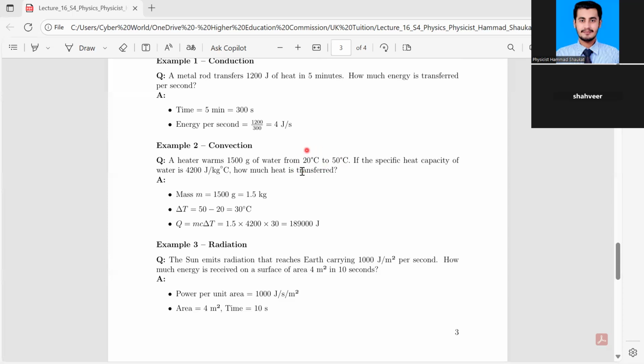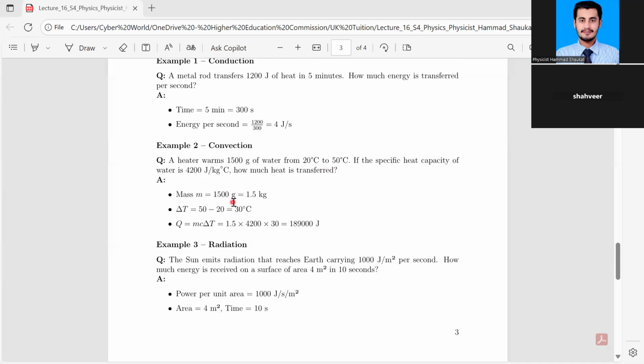Can you tell me what this temperature is, either initial or final? Initial. Yes, and this is final. Yes, final. And what do you have to do if you want to find the change in temperature? What is the formula for the change in temperature? Final minus initial. Yes, final minus initial. So here you can see 50 minus 20, you will get 30 degrees Celsius.